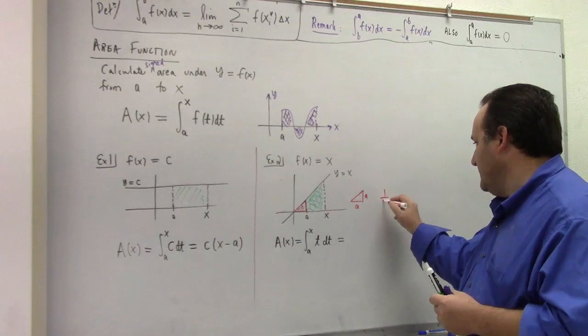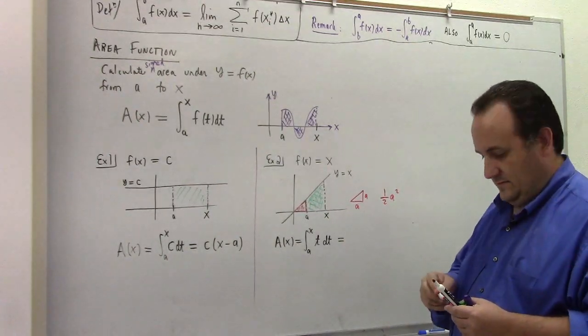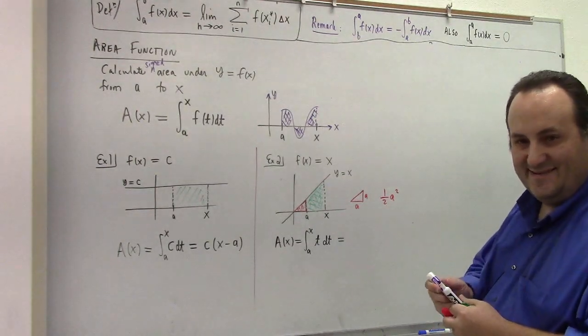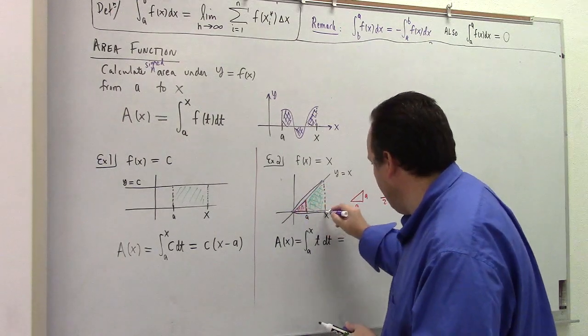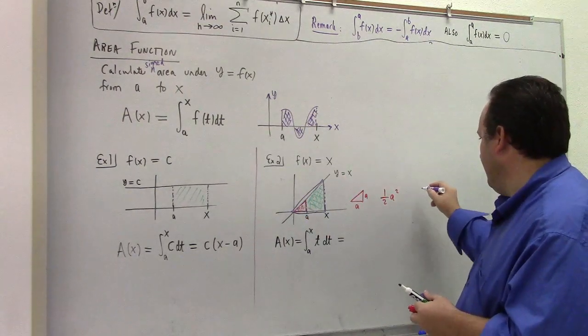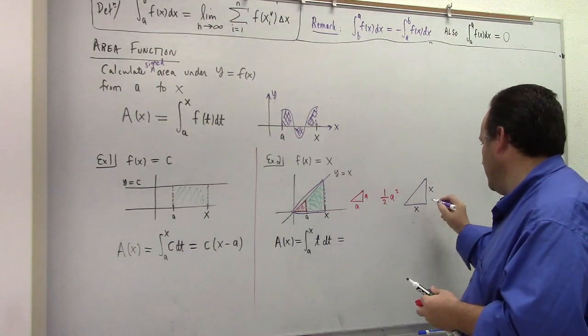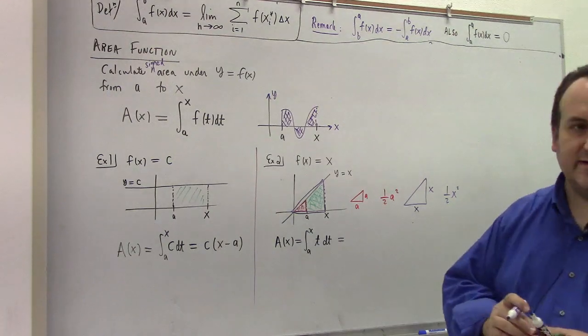So one half a squared is the area of the red triangle. What's the area of the purple triangle not yet drawn? See, that's got x and x, so it's one half x squared. The purple triangle has area one half x squared.